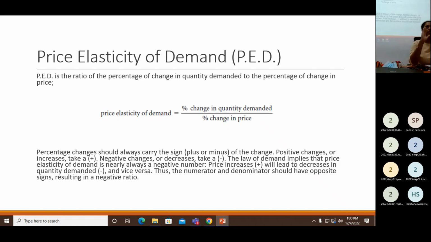Now when it comes to price as a concept, as a variable, price is something you can measure, because price is always in terms of numerical value, rupees or dollars or whatever. Demand, can you measure it? Demand as a concept we cannot measure.